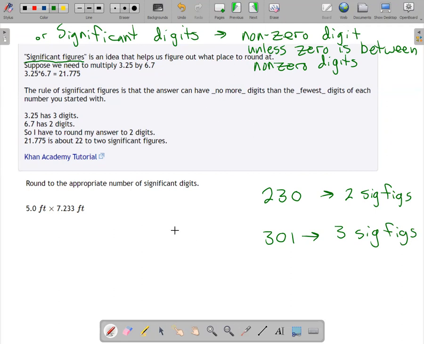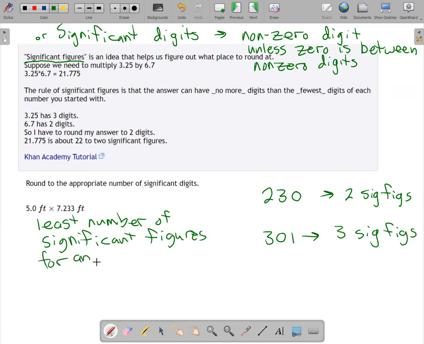When I'm doing calculations and I'm deciding to round, the general rule is use the least number of significant figures in the answer. So least number of significant figures for the answer of the calculation.